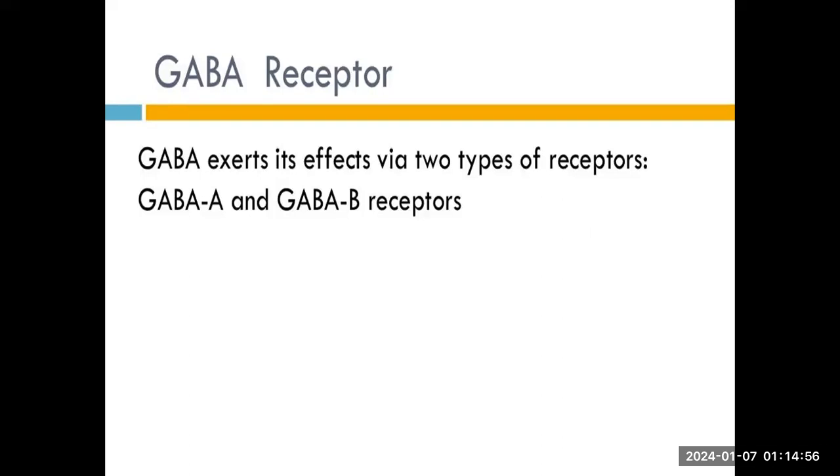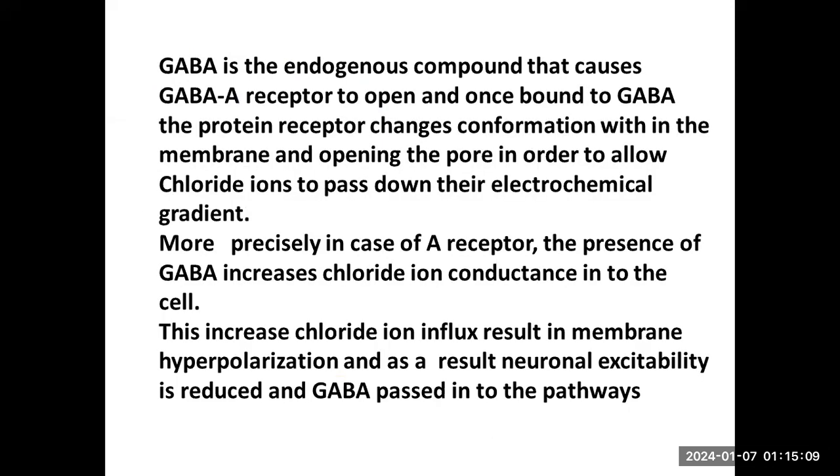GABA receptors. There are two types of GABA receptors. GABA exerts its effect via two types of receptors, GABA A and GABA B receptors. Both have certain functions. GABA is the endogenous compound that causes the GABA A receptor to open up.